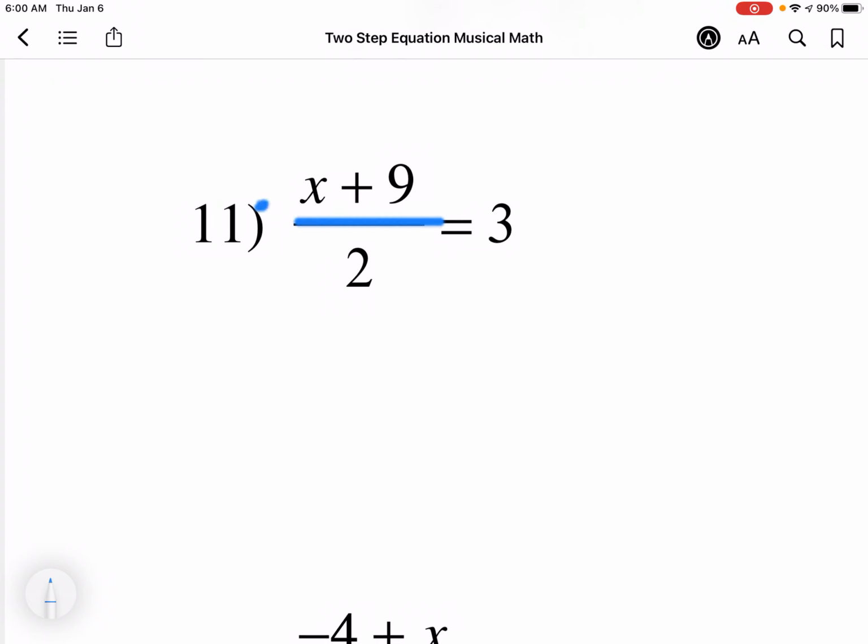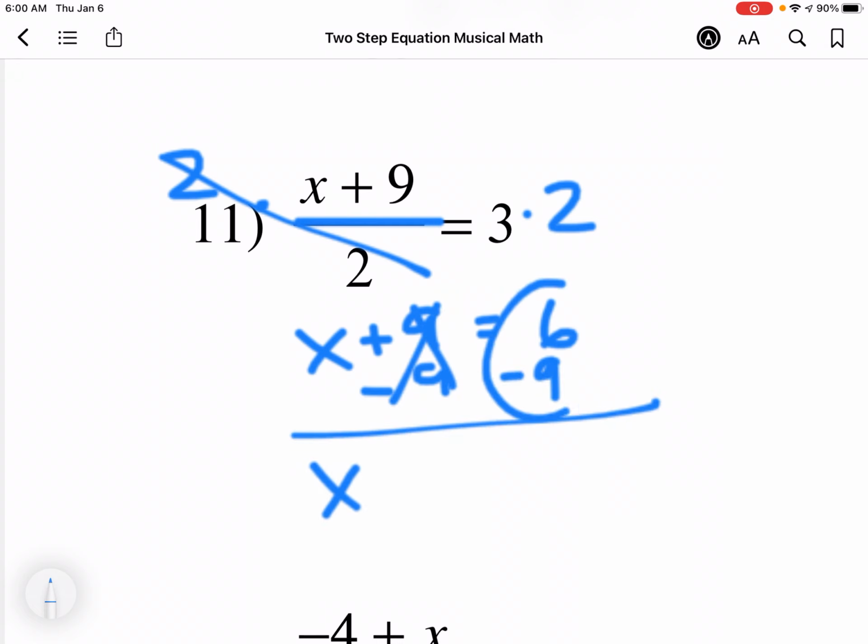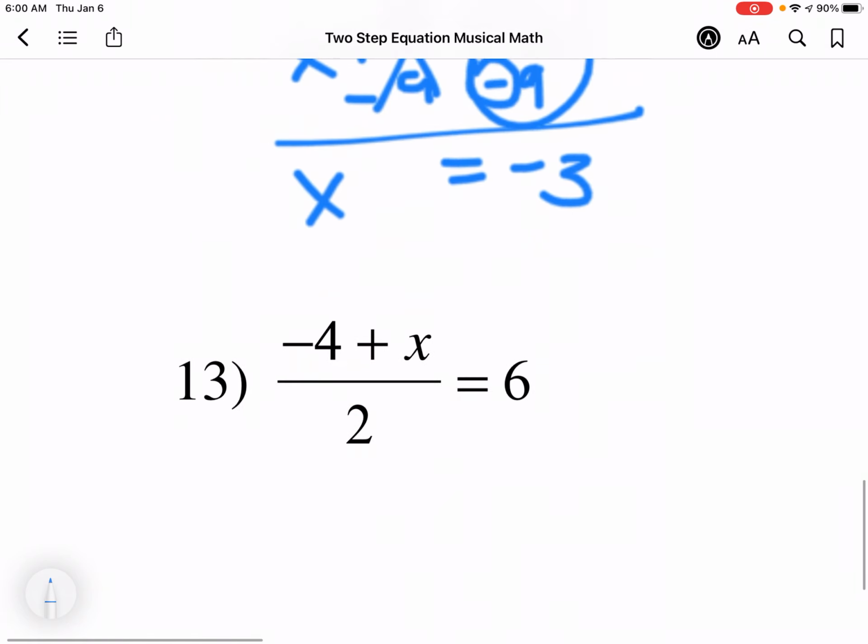Same thing. Signs are different, so I'm going to subtract. And I take the sign of the larger absolute value.